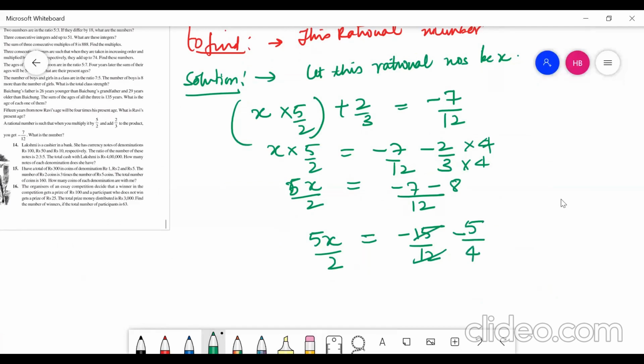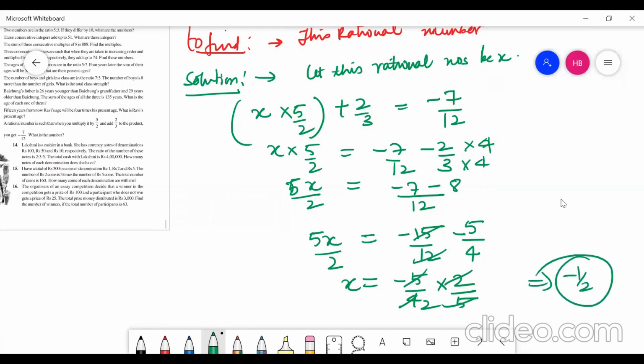Now I need to take the 2 to the other side because 2 is in the denominator. Basically it is 5x divided by 2. If I take it to the other side of the equation, it will be in multiplication, and 5 will be in division. So x is equal to minus 5 by 4 into 2 by 5. I can simplify this, and it will be minus half. So x is equal to minus half.